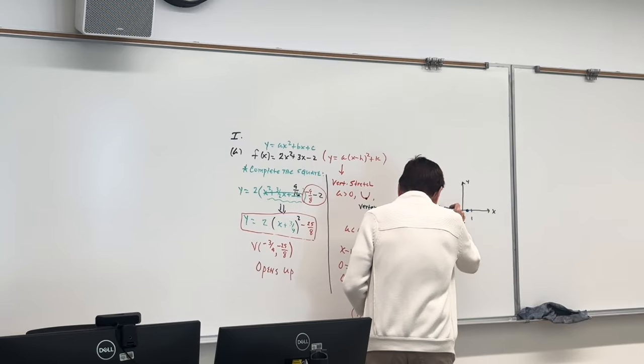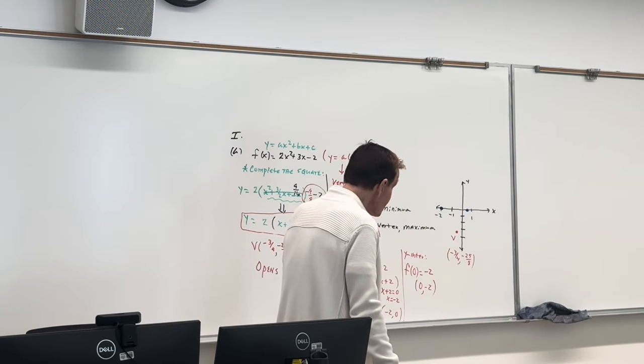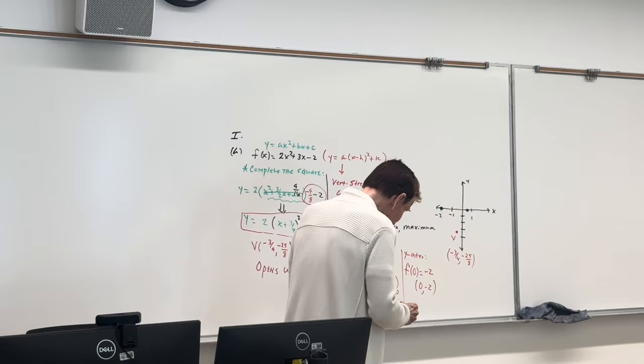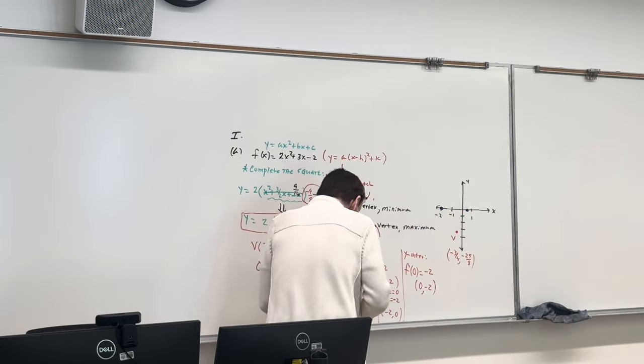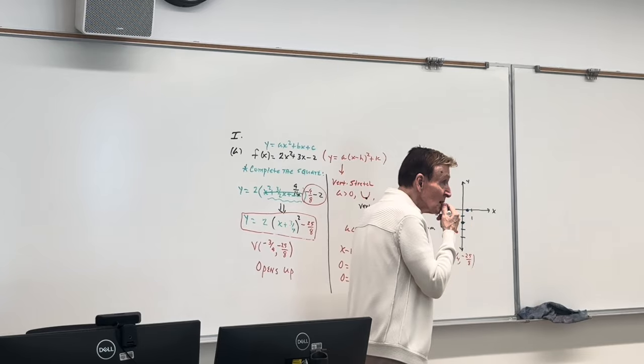Let me stretch this out to -2. Those are my x-intercepts. What else? The y-intercept is down at -2, which is right here. That's my y-intercept. This may be the same problem I worked yesterday.